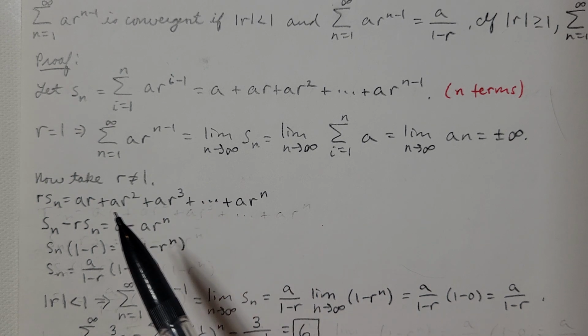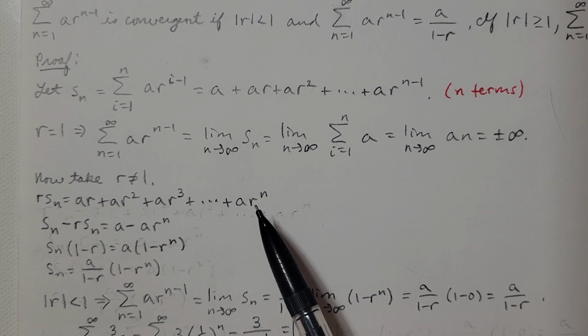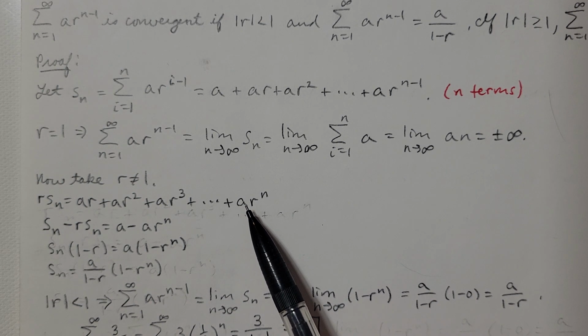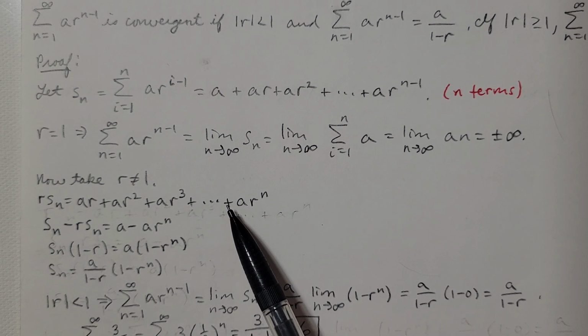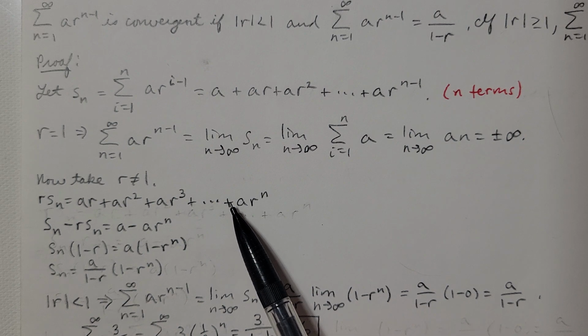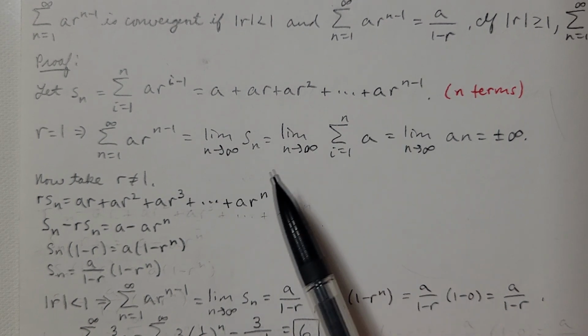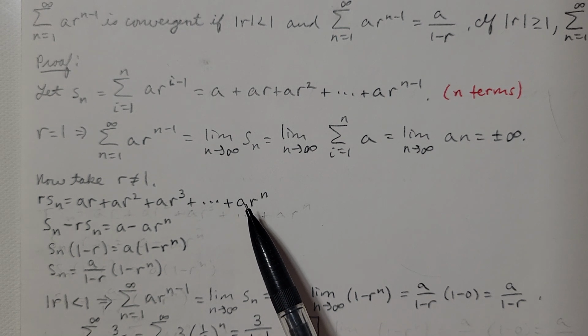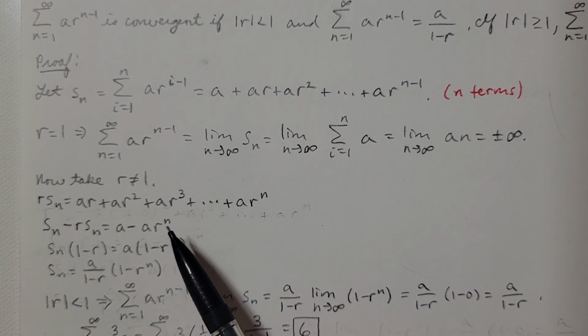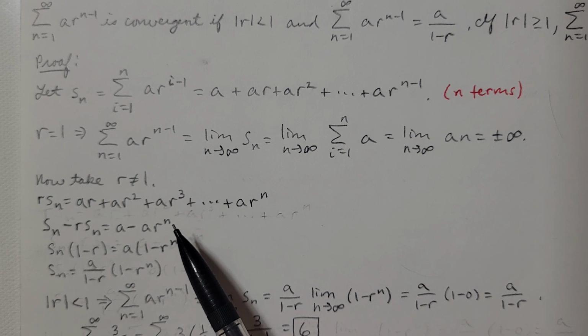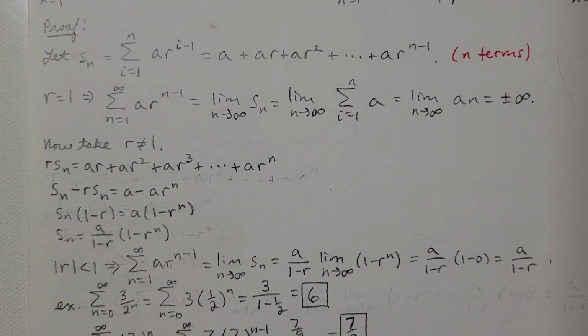So I'm subtracting r times s sub n. Well, the term that's previous to this is going to be a times r to the n minus 1 minus a times r to the n minus 1. Those are gone. And then minus a times r to the n. Okay, so s sub n minus r times s sub n, that is equal to a minus a times r to the n.